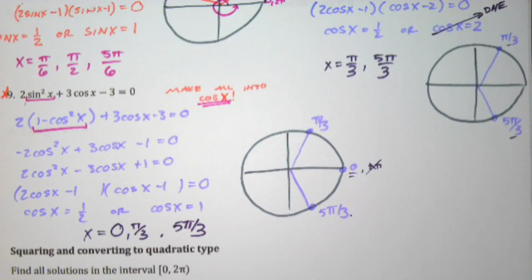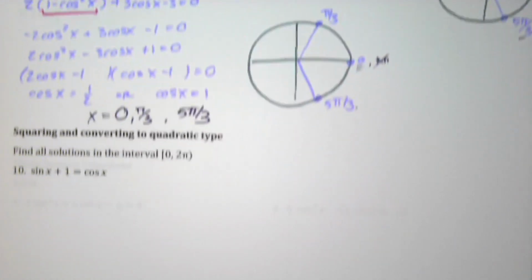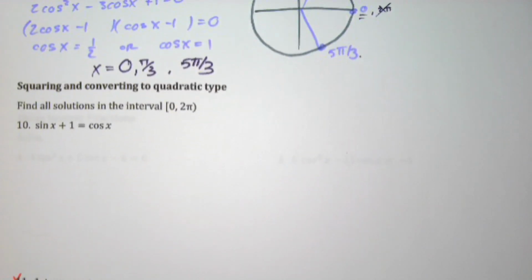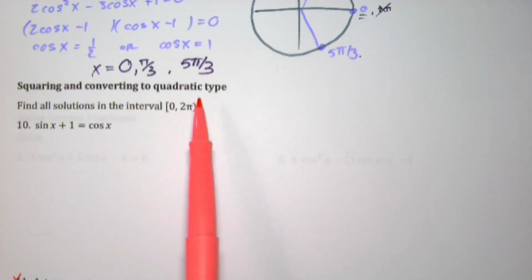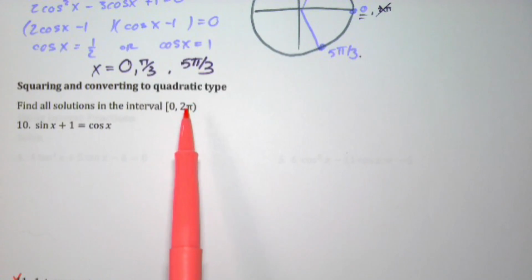So now we got one more little strategy for how we solve some trig equations for the first half of 5.3. And that deals with converting things into being a quadratic type. So we spent so much of our math career in high school dealing with quadratic equations. The skills behind it are solid, and they're also really efficient. So we're going to try to implement that whenever we can.